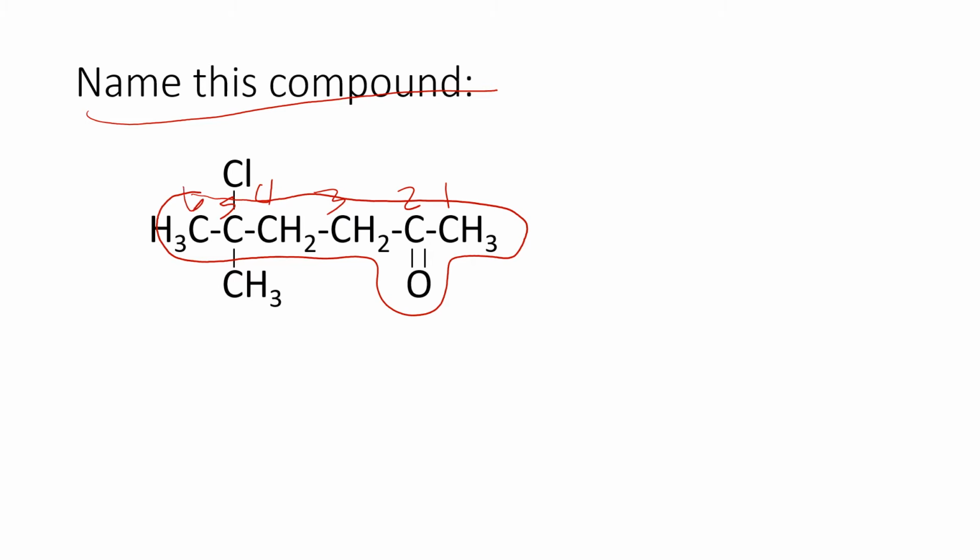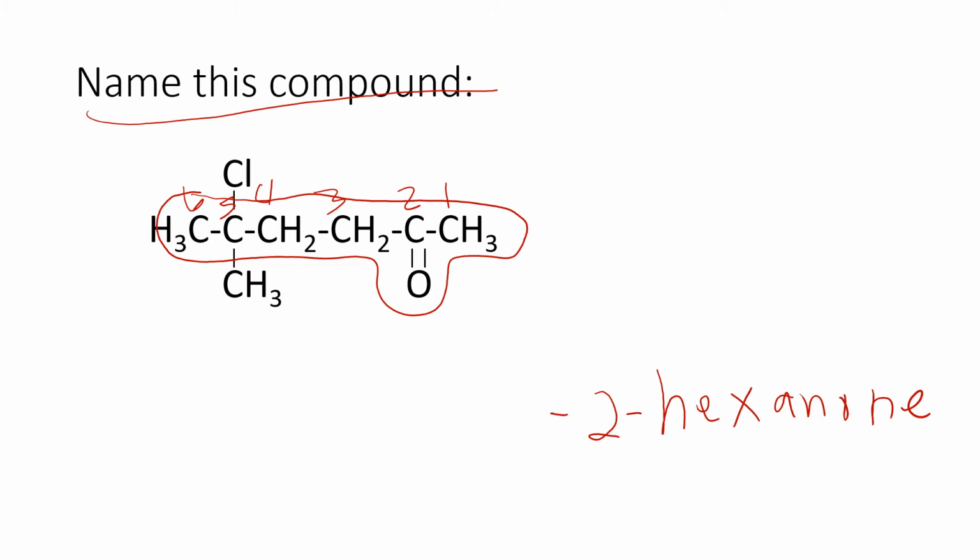So the parent is hex, unknown. We want to show at which carbon the double bond oxygen is attached. So again, if we go from right to left, we can see it's at carbon 2. If we were to count left to right, it would be at carbon 5. So we want the smallest number possible. So we can put 2-hexanone, that's the name of our parent.